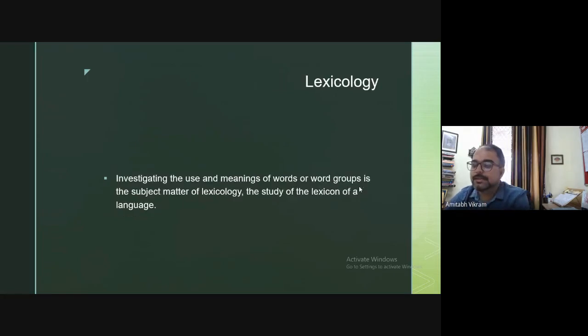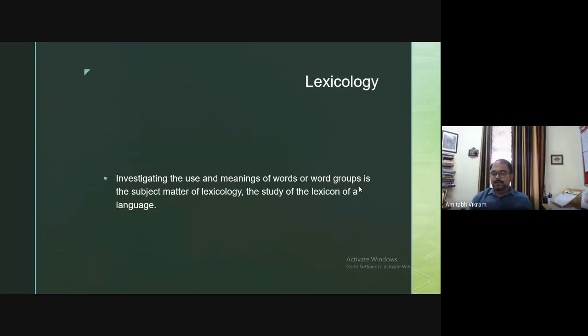Then we have lexicology. Investigating the use and meanings of words or word groups is the subject matter of lexicology. So lexicology, we already know, is the scientific study, and lexi means the study of words, the study of the lexicon of a language.